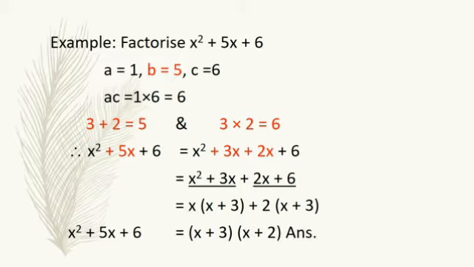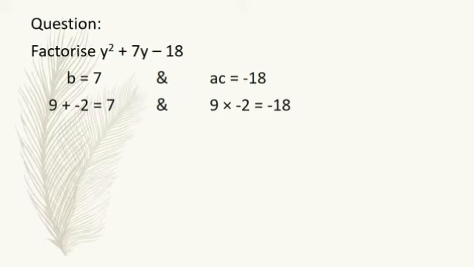They are 9 and minus 2. Now the polynomial can be written as y square plus 9y minus 2y minus 18. 7y is split into 9y minus 2y.